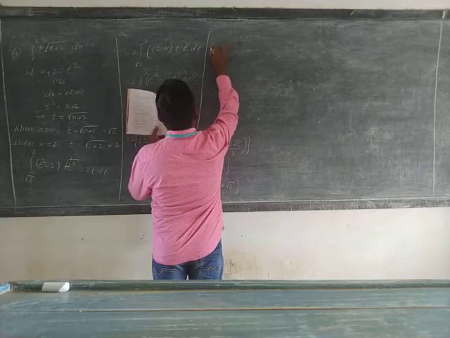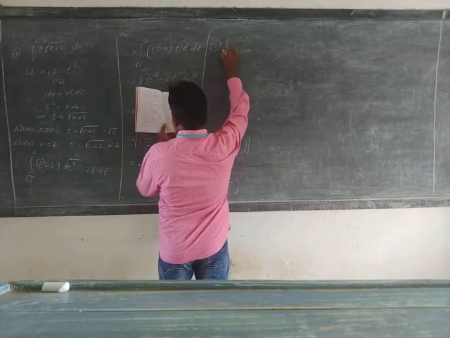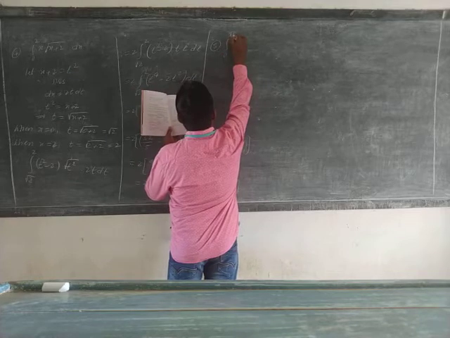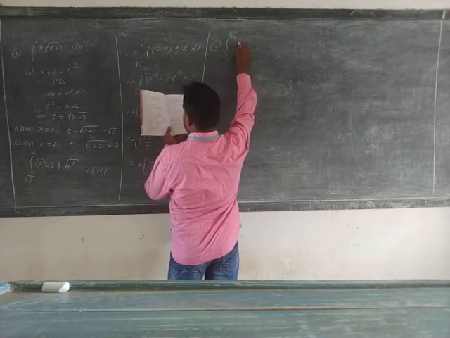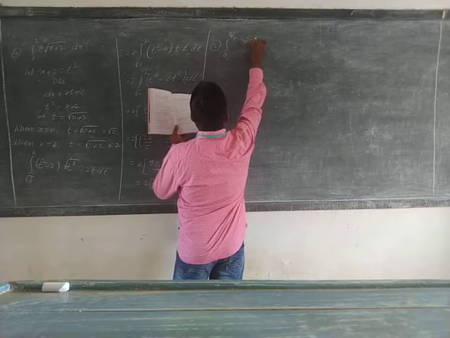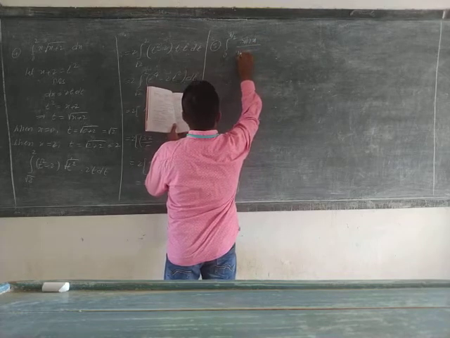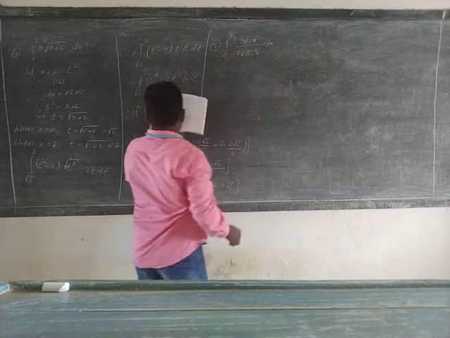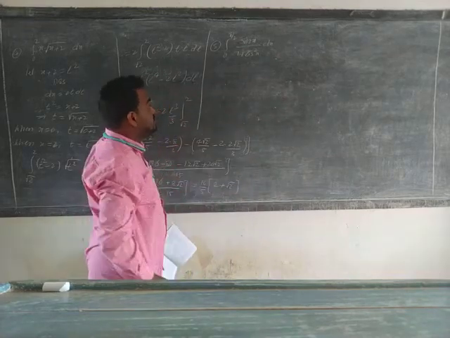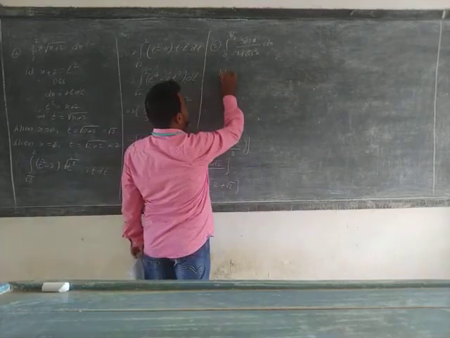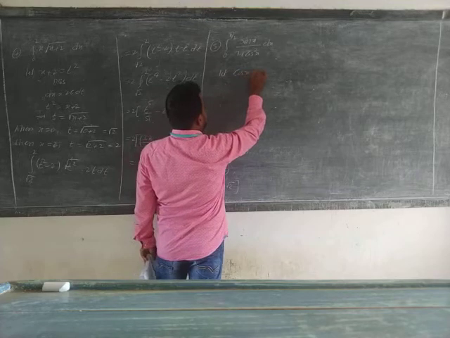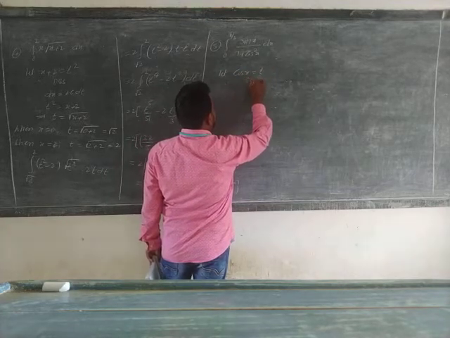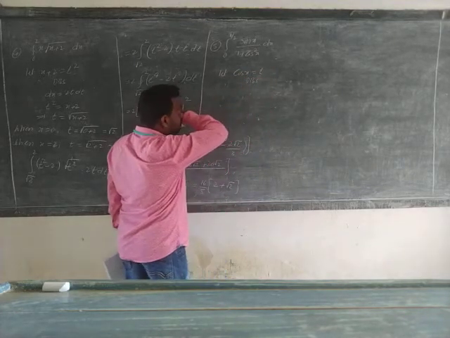Fifth question. The integral from 0 to pi by 2 of sin x by 1 plus cos square x dx. Now let cos x be equal to t. Take the derivative on both sides.